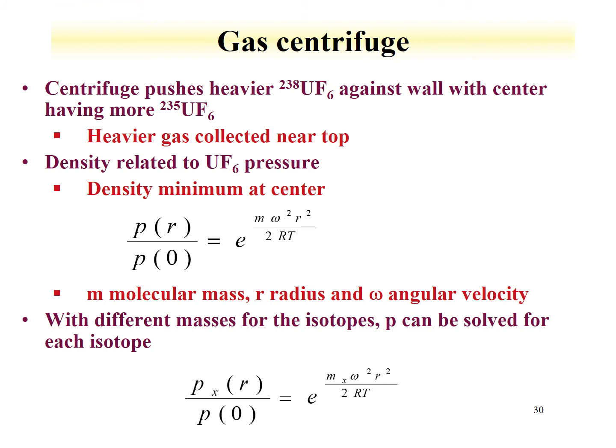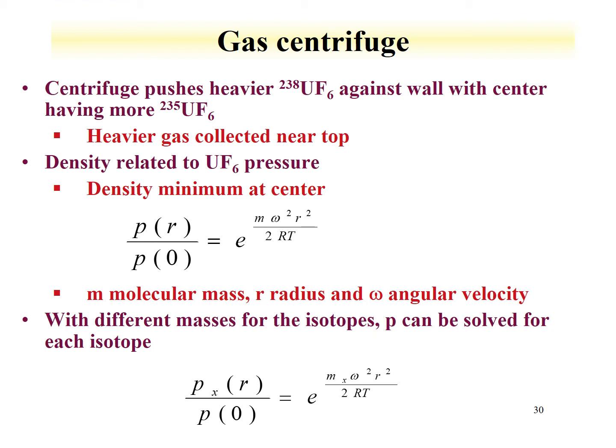The gas centrifuge is what's commonly used today and has surpassed the gaseous diffusion method as a way of enriching uranium. The gas centrifuge is just what it sounds like, a system that will push heavier components outward. If it was a liquid system, the more dense would go against the wall, and the center would have the lighter component. In this case, against the wall, it's enriched in uranium-238, and the center has more uranium-235.